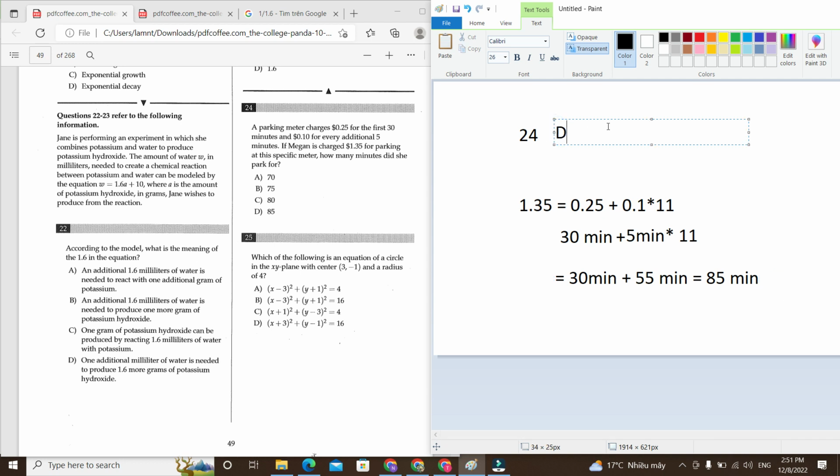Okay. Let's continue with number 25. They asked us about the equation of a circle.